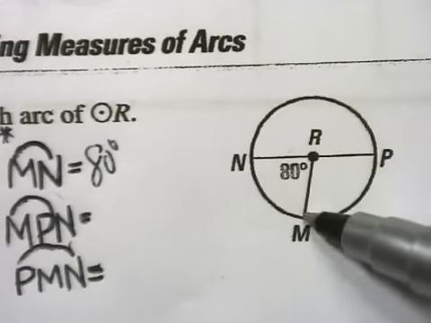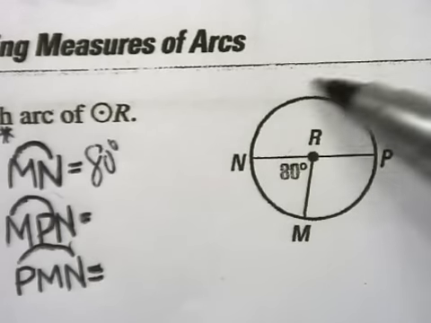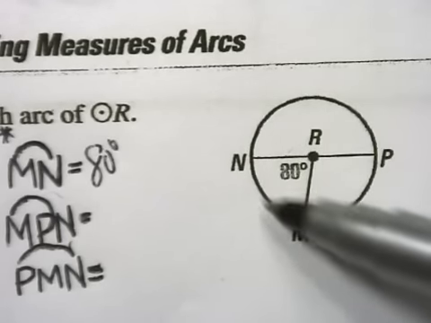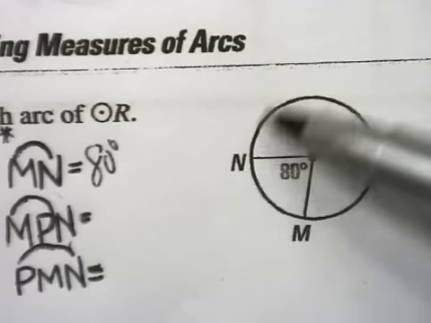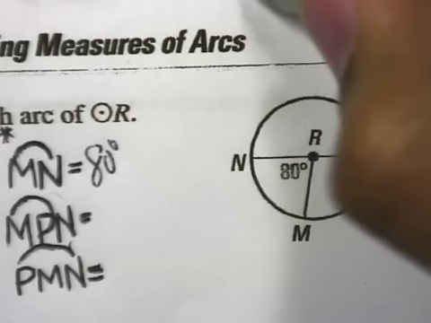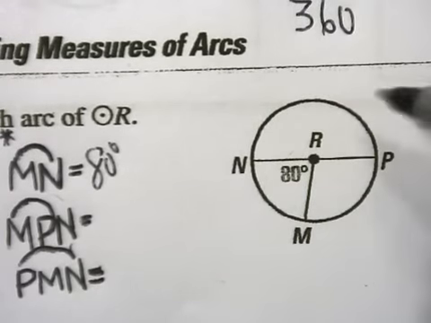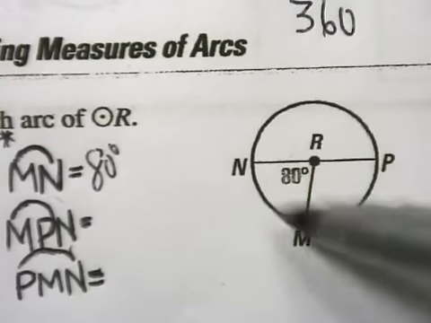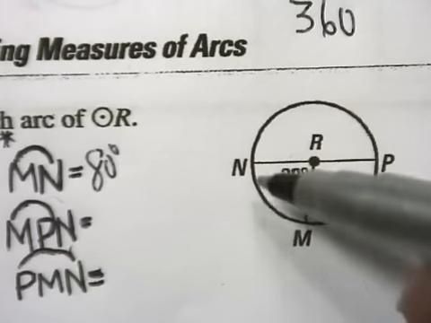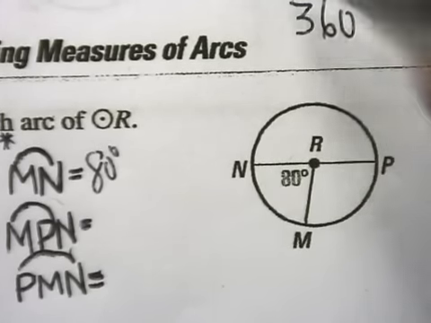How big is arc MPN? Let's take a look at that, from M to P to N. That's the rest of the circle. I know that this part is 80, but that's the rest of the circle, so it's not 80 degrees. Well, how many degrees are there in a circle? We said that there are 360 degrees in a circle.